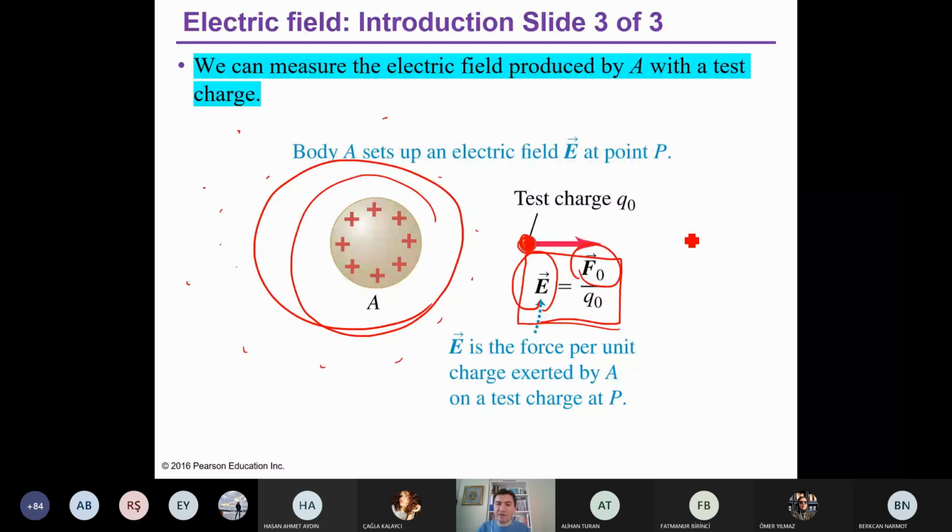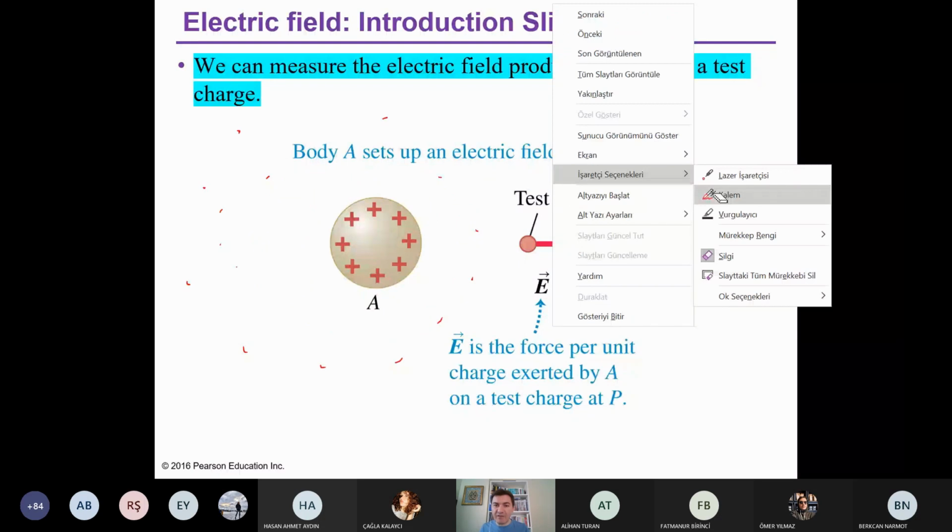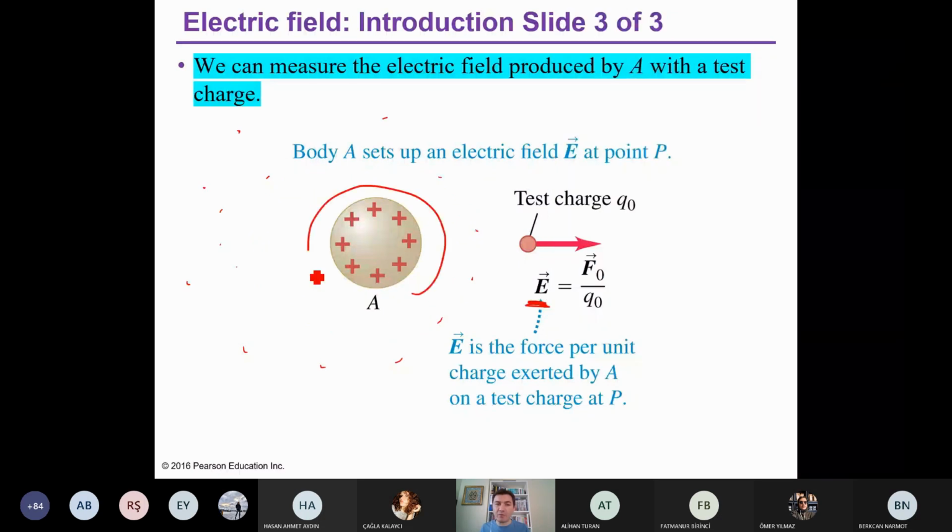Electric field is given with F over Q. Here, be careful. Here we have E, the electric field produced by the A ball, and this is the F0 acting on this test charge, and Q0 is the charge of the test charge, okay? You can remember the Lorentz force formula from your high school years. The Lorentz force is given with this expression, Q times E plus Q times V cross B. This is a cross product, okay?